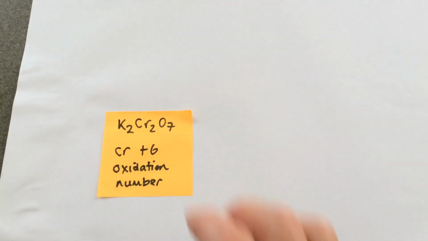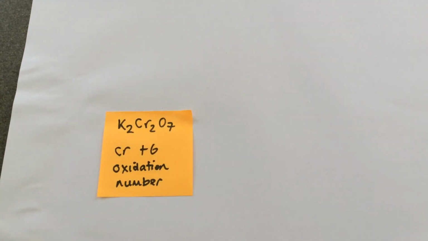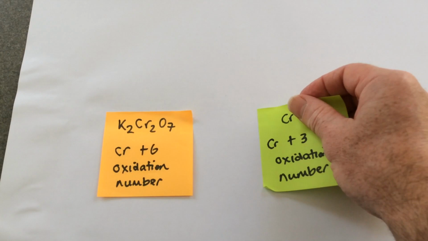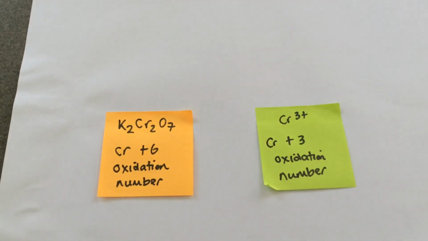What do you see when these reactions are happening? Potassium dichromate contains the chromium in a +6 oxidation state. And during the reaction, the oxidation state of the chromium changes to +3. And as this happens, we get a colour change.